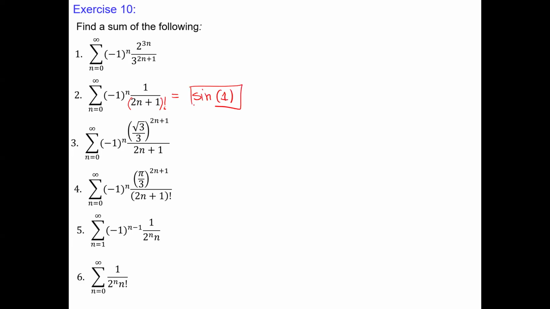And we can leave it like this. This one is no factorial in the denominator, 2n plus 1. Then it will be arc tangent of square root of 3 over 3. We just did it. Tangent for what angle is square root of 3 over 3? Of 30 degrees, pi over 6.